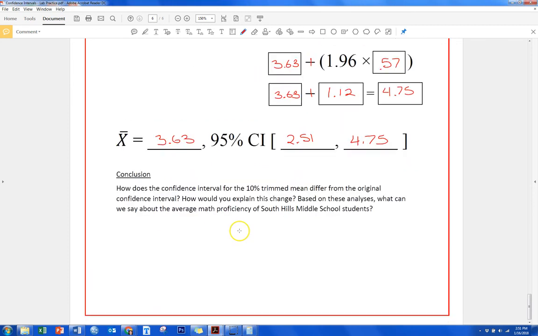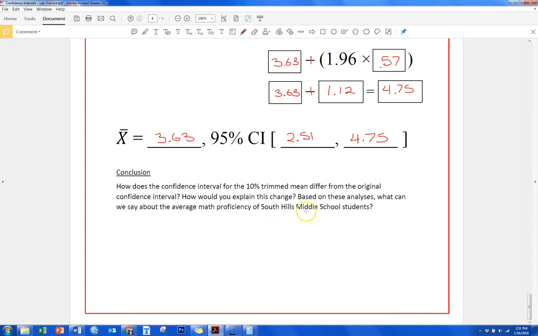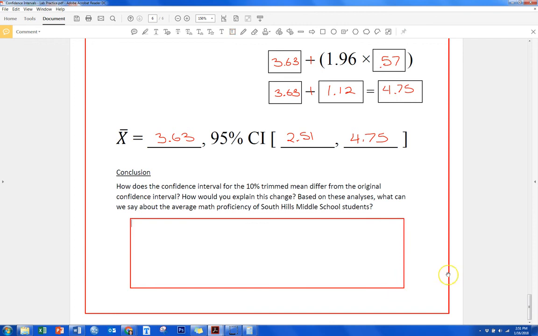Okay. So let's go ahead, and it says, how would you explain this? Okay, we'll put that in writing. And based on these analyses, what can we say about the average math proficiency? So we're going to interpret that too, right? The interpretation is going to change a little bit. So the confidence interval for the trimmed mean is narrower than the original confidence interval.